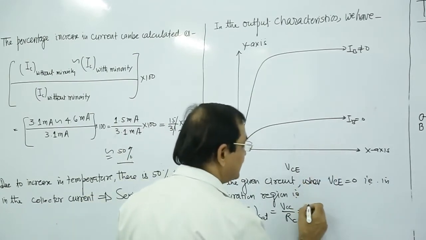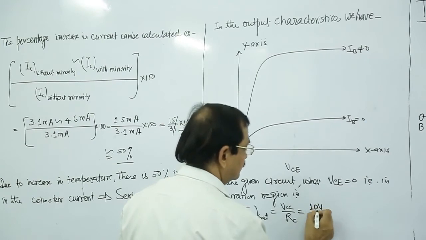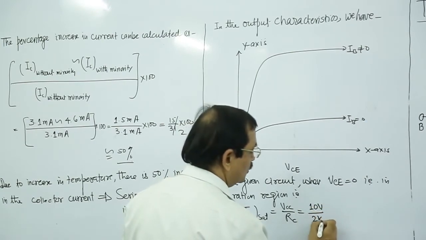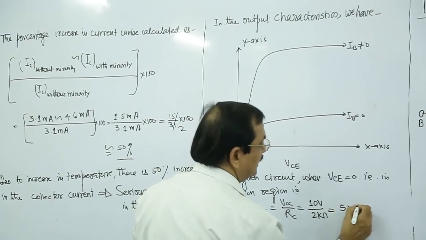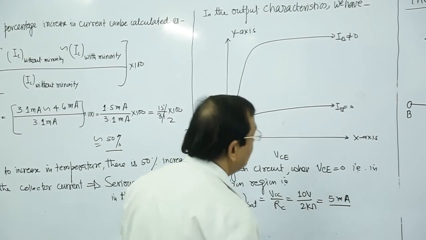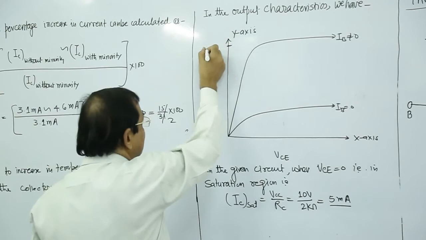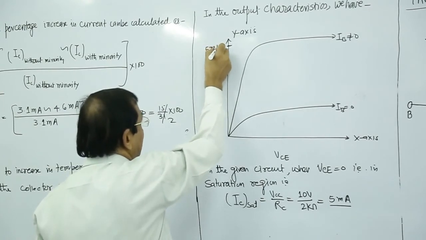So VCC is 10 volt and RC is 2 kilo ohm. So this is 5 milliampere. So suppose this is 5 milliampere.